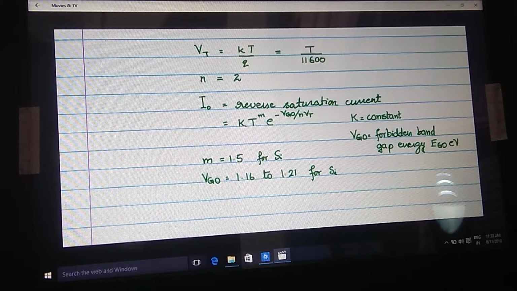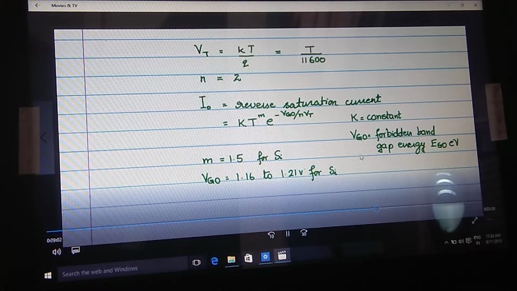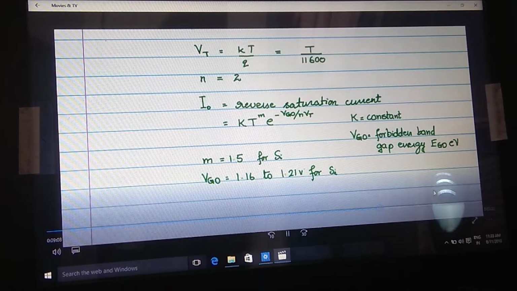The solar grade for PV cells will be closer to 1.16 volts. So these are the typical values using which you can get the reverse saturation current for a particular p-n junction device.